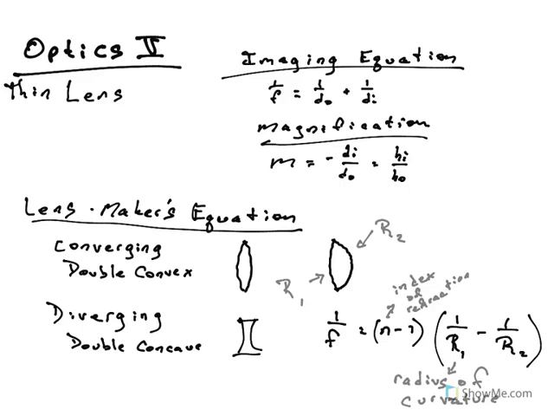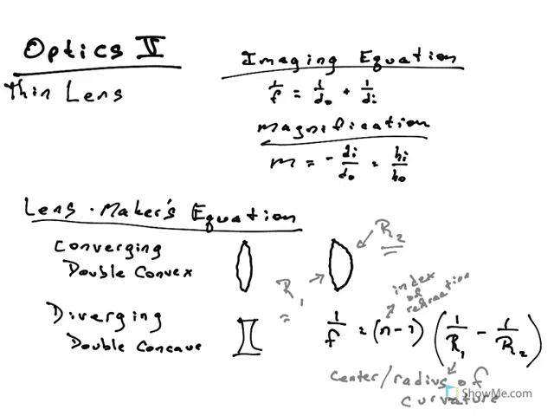Radius of curvature is sometimes also called center of curvature. A more curvy face, like this R2 face here, will have a smaller radius of curvature. A less curved face, like the front face R1, will have a larger radius of curvature.